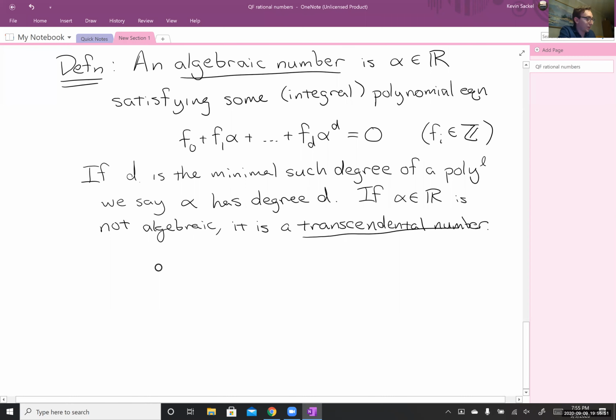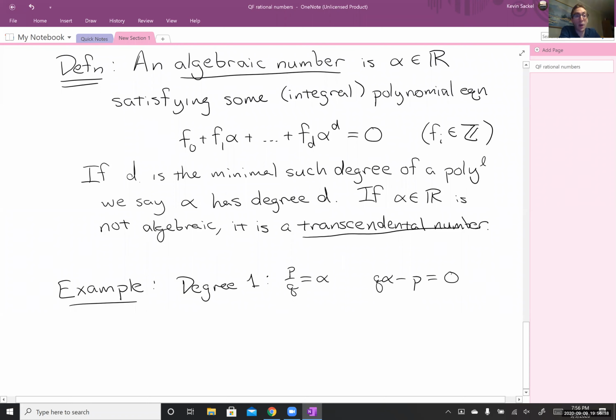So let's see. Example. So a quick example of an algebraic number of degree 1 would just be a rational number, p over q. Because if this is alpha, then it satisfies that q alpha minus p is equal to 0.